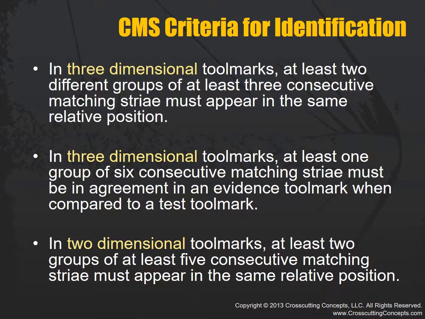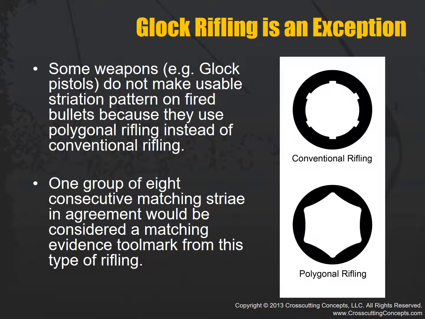And in two-dimensional tool marks, at least two groups of at least 5 consecutive matching striae must appear in the same relative position. So not a whole lot of this makes sense until it's in practice, but it's the general numbers for how much must match in order to determine if something is a match.